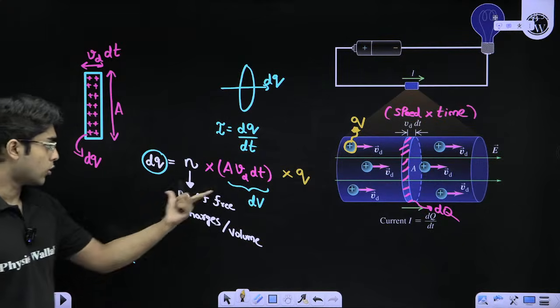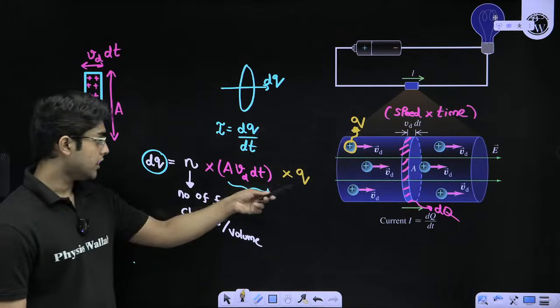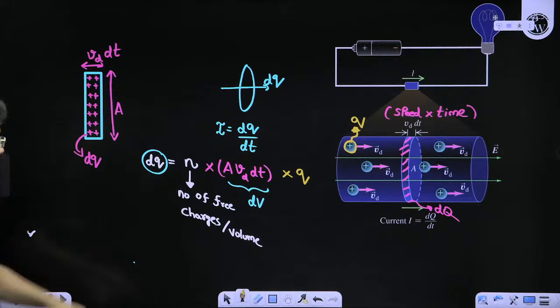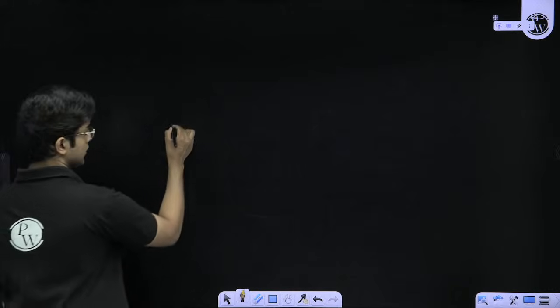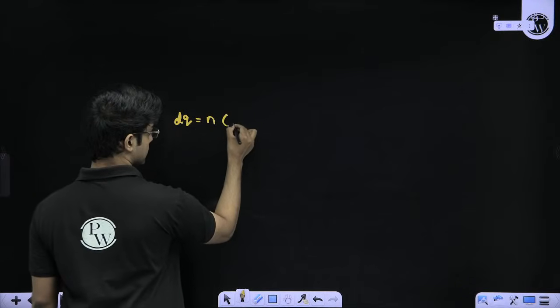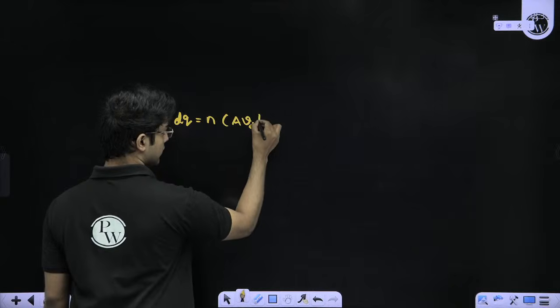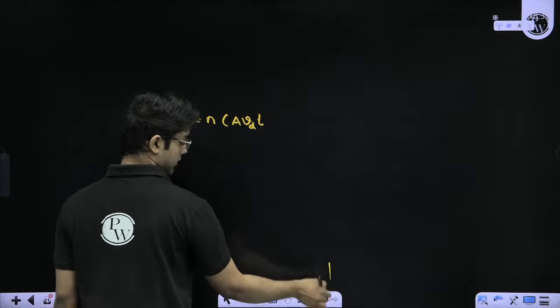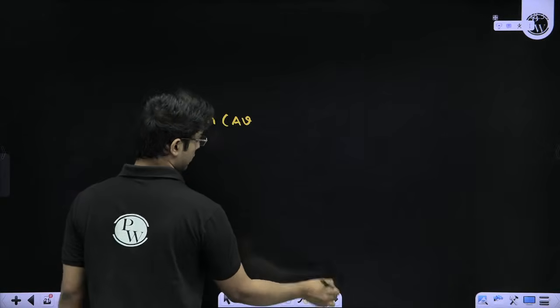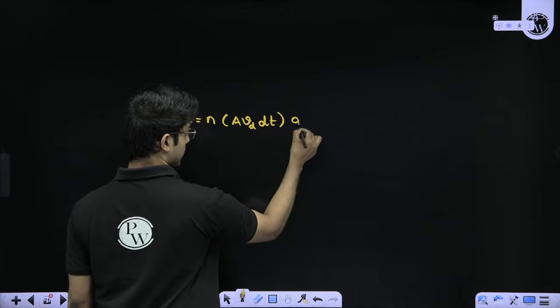That will give me the total magnitude of charge. So n A Vd dt Q, this will be dq. So what is dq again? n A Vd into dt, and finally multiplied with Q.